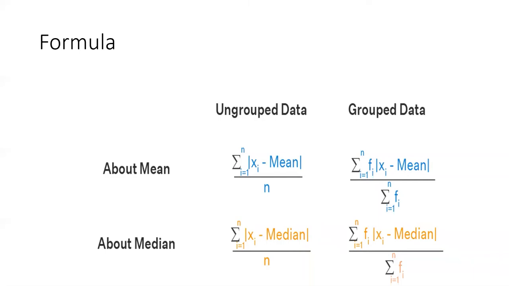When you have grouped data, you take the summation of f1 times x1 minus mean, signs not considered, divided by summation of f1, the summation of frequency, in case of mean. If you want to calculate from the median, it is the summation of f times x1 minus median, divided by summation of f1.